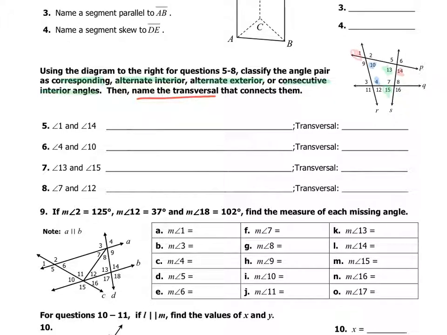And 8 is 7 and 12. So 7 and 12. Name those angles. One of these 4 terms. And then name the transversal.